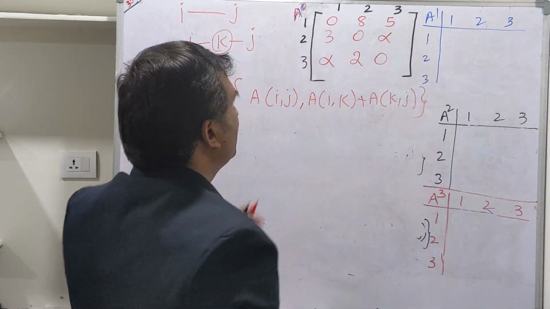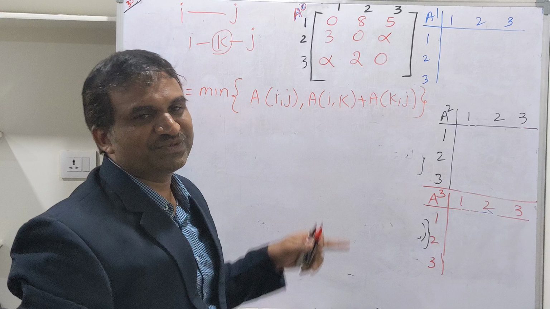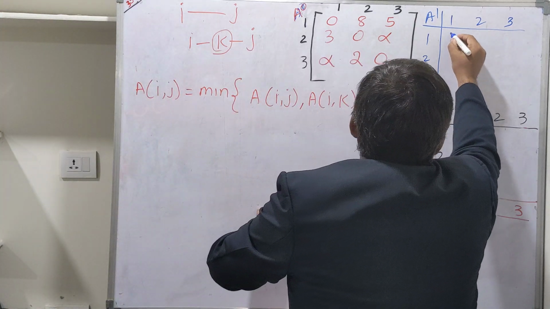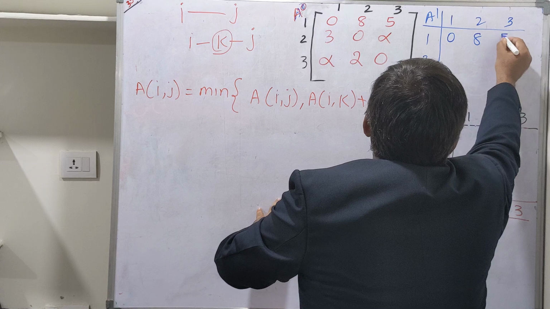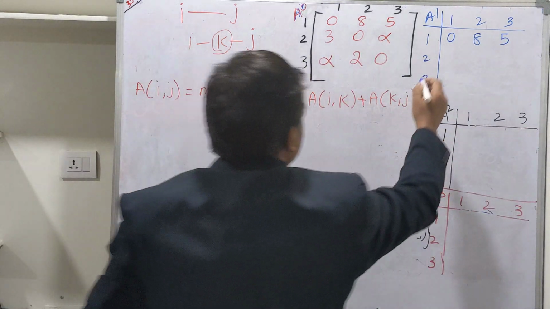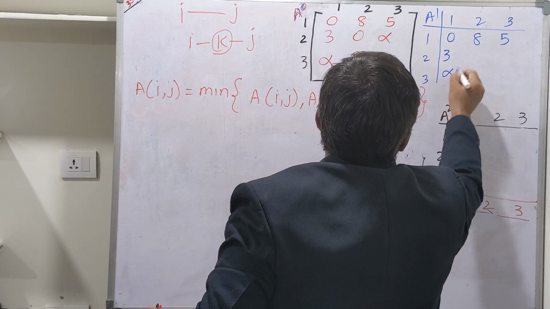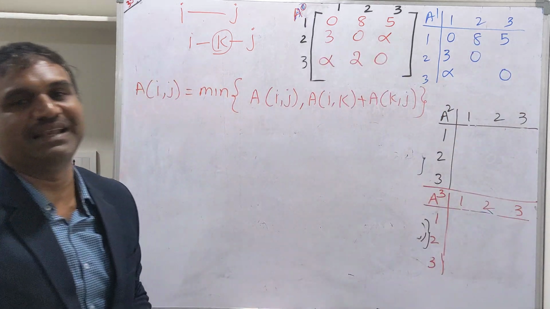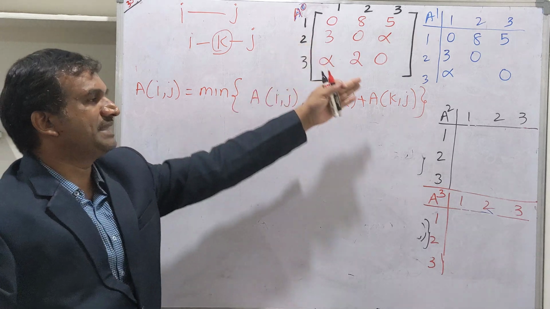When we take A1, the first row and first column values will have no change. So let us write them as they are: 0, 8 and 5, and the first column 0, 3, infinity. Of course we have no change in the diagonal because there are no self edges.